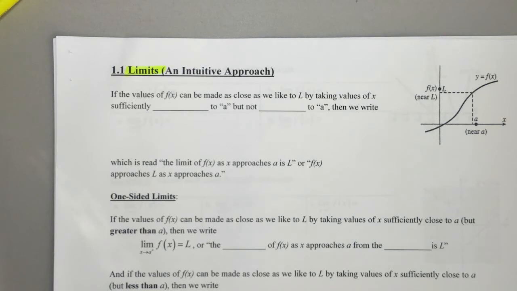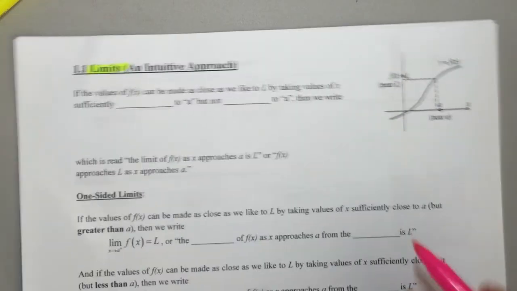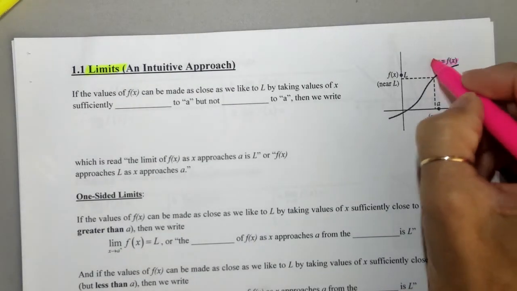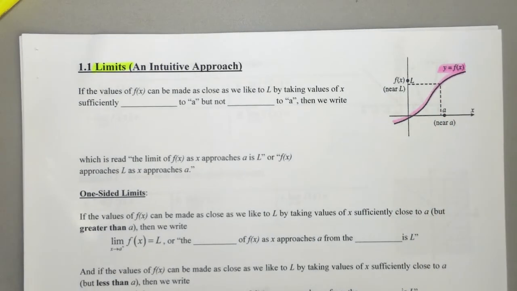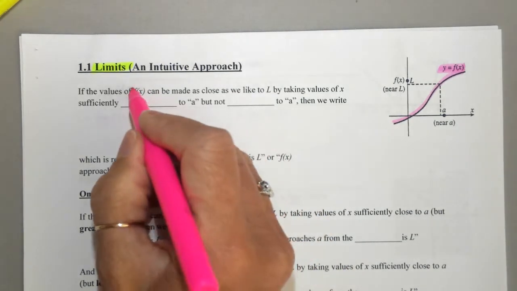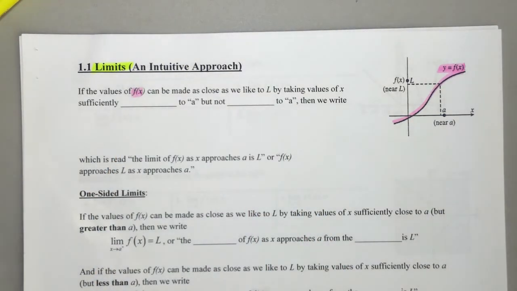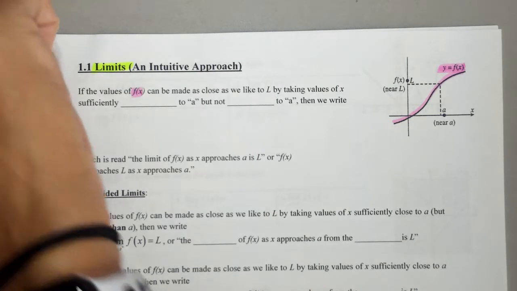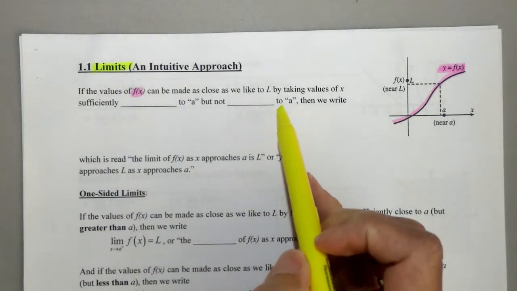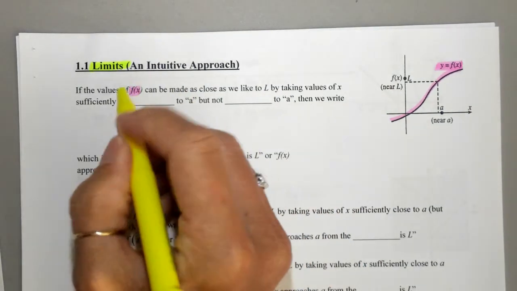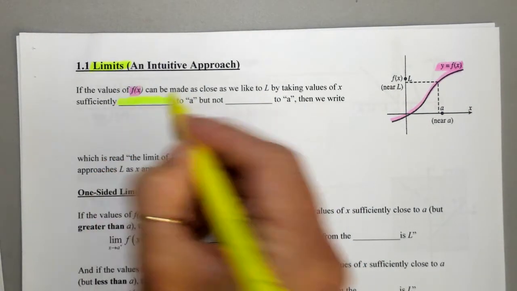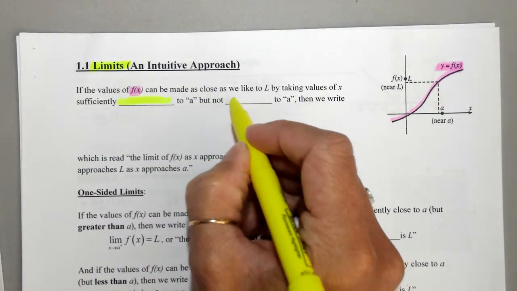So first of all, if we have our function f of x here, graphically, this is what we have. Whatever that may be doesn't really matter. What we're looking at is if the values of the function f of x can be made close to this given value L by taking values of x sufficiently close to this value a, but not equal to a.